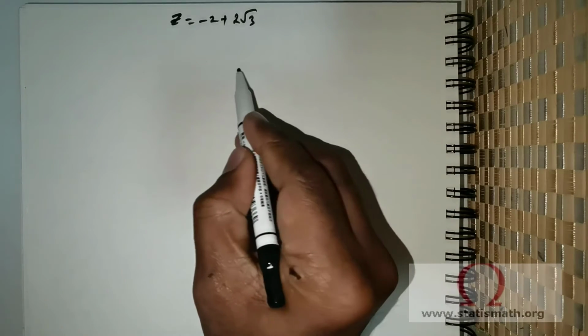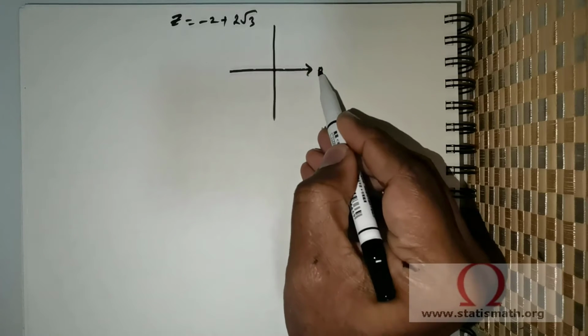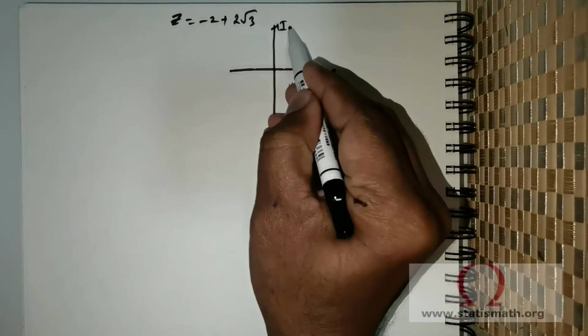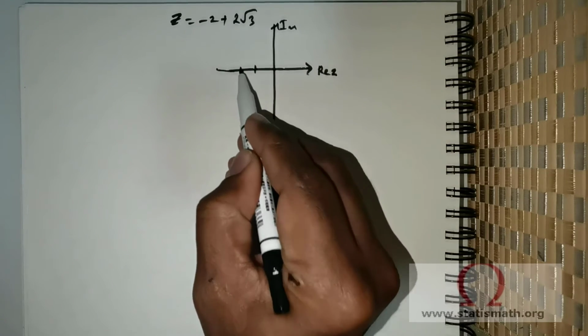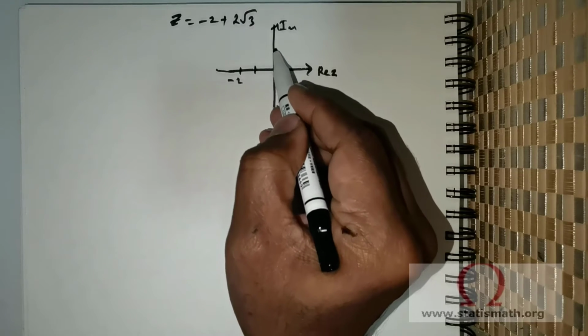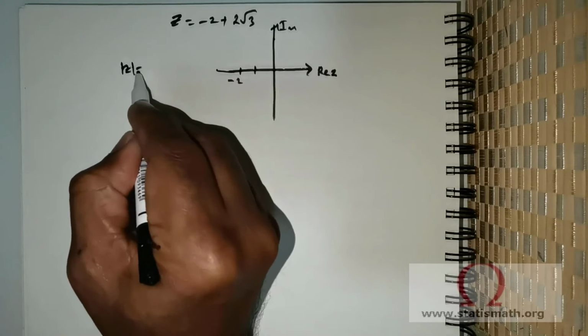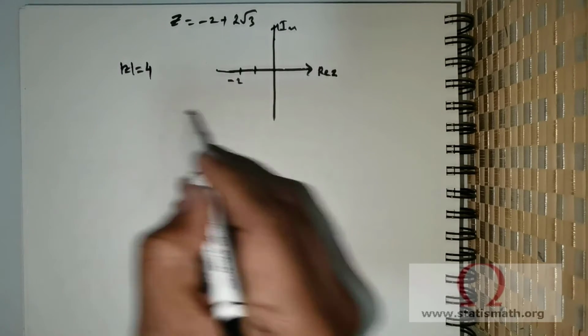So if I were to represent this complex number on the Argand diagram, this is the real axis, this is the imaginary axis. Negative 2 will fall on the negative side, and positive 2 times root 3 will be somewhere over here. But the magnitude of this particular complex number is given to be 4.